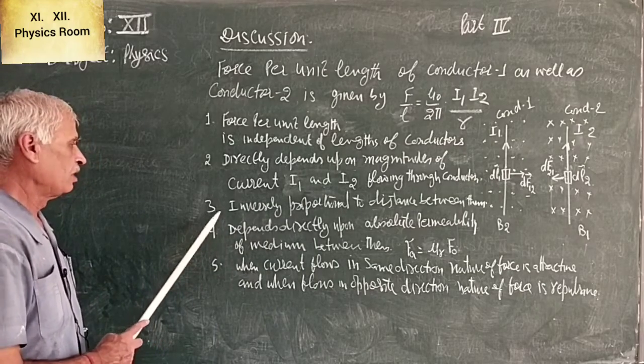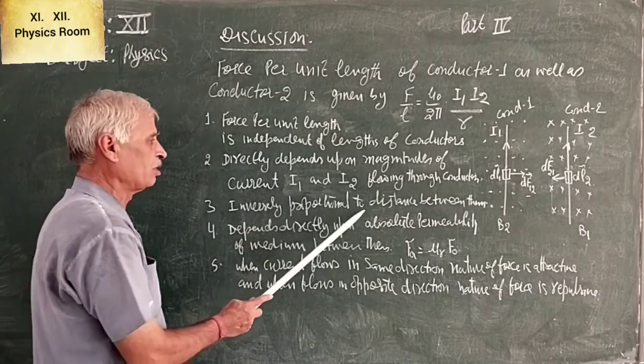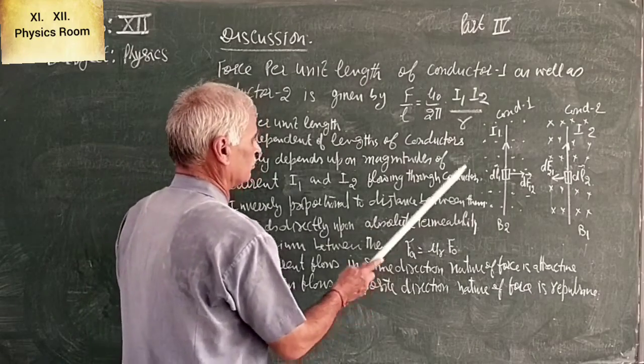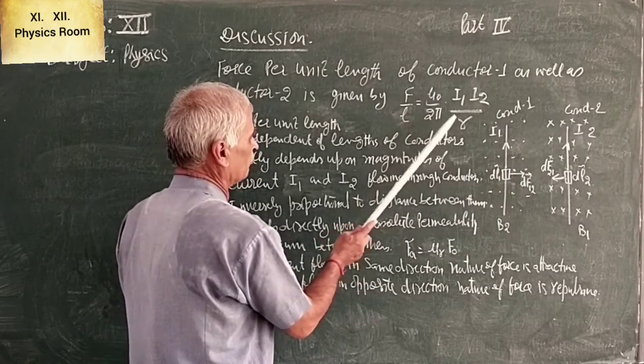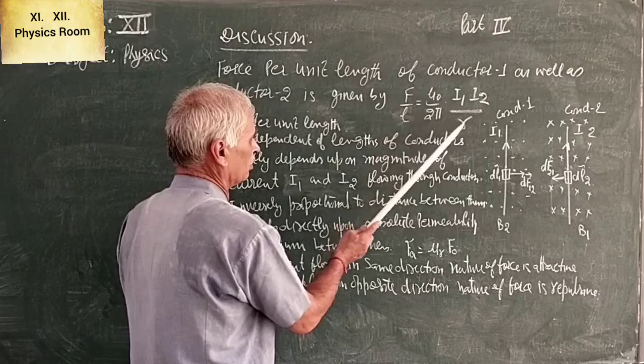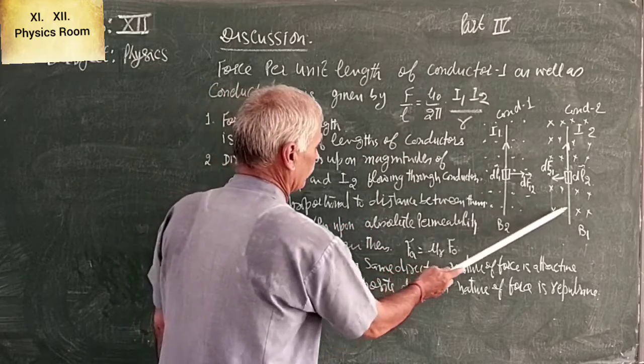Number 3, it is inversely proportional to distance between them. Force per unit length is inversely proportional to the distance between them.